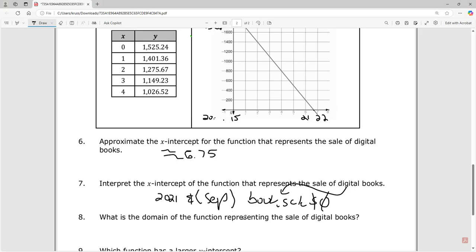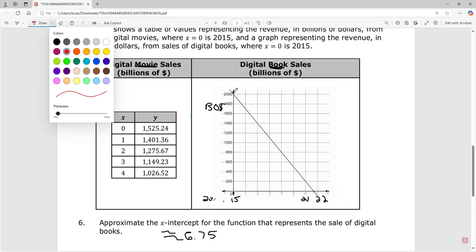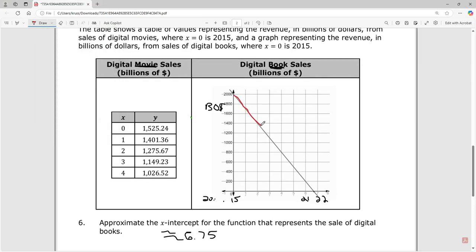Okay, so what's the domain representing the sale of digital books? Remember, the domain is where this value is in my first quadrant. Nothing is negative. So it's in quadrant 1. So it starts from here and it goes to here.